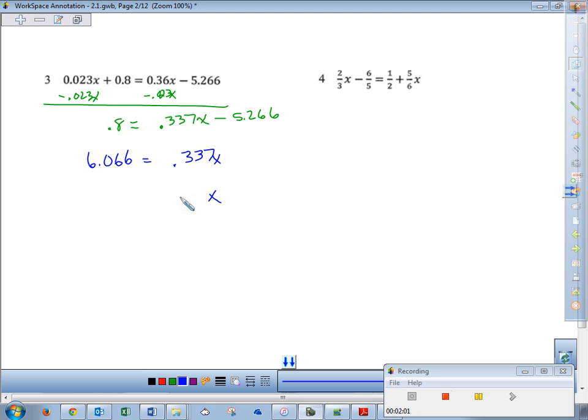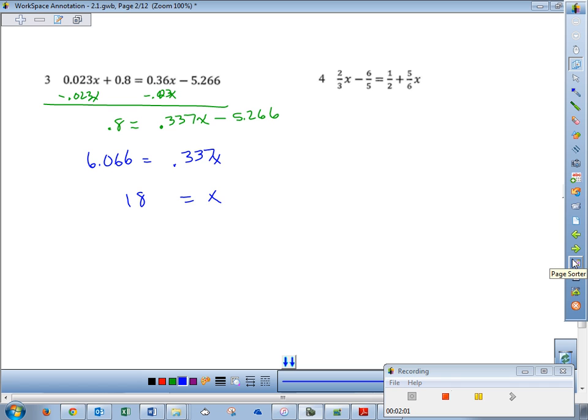And then divide by 0.337. See what that comes out to be for me. Nice and neat. 18. Cool.